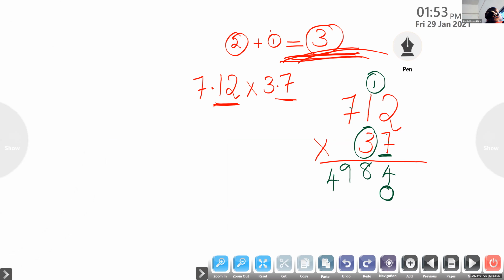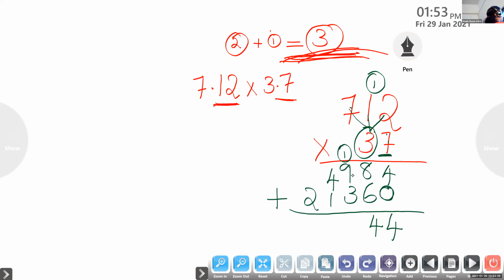Then 3 2s are 6. 3 into 1, 3. 7 3s are 21. Now what do we have to do? Add. 4, 8 plus 6, 14. 1, 1 plus 9, 10, 10 plus 3, 13. 1 carry over, 1 plus 4, 5, 5 plus 1, 6, 2.